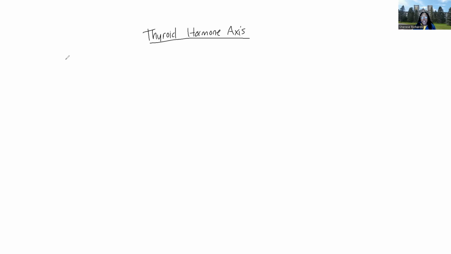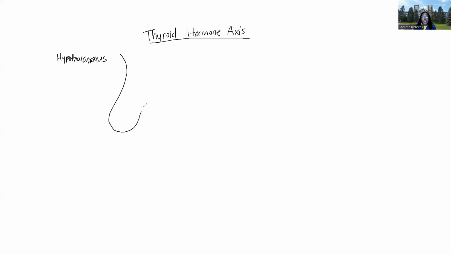So let's start by looking at the hypothalamus in the brain. This is the location of the initial component of this hormone axis. So here's our hypothalamus.